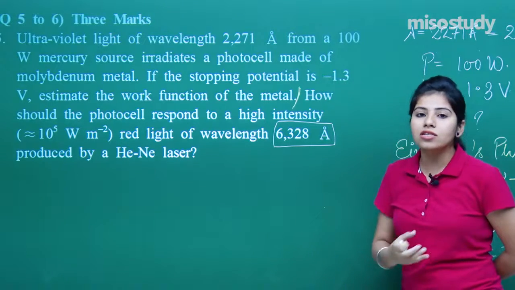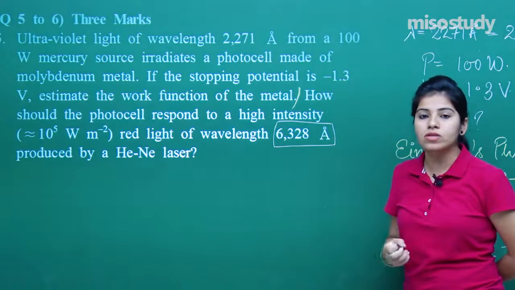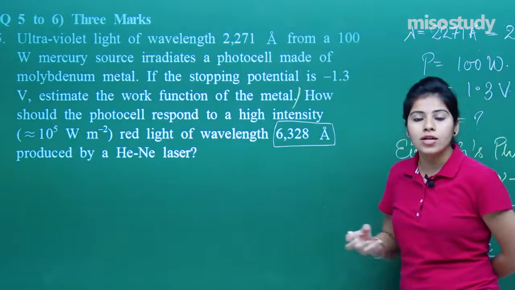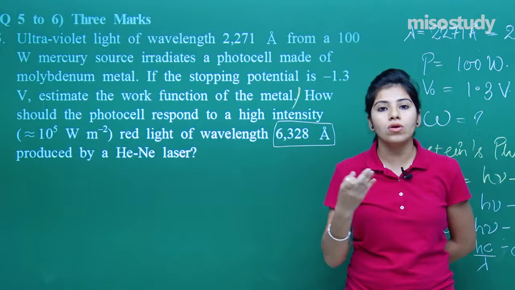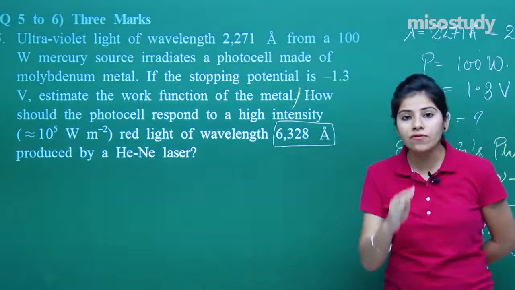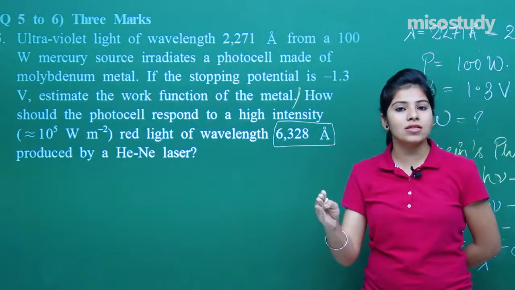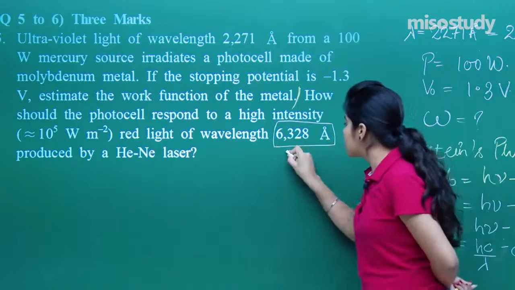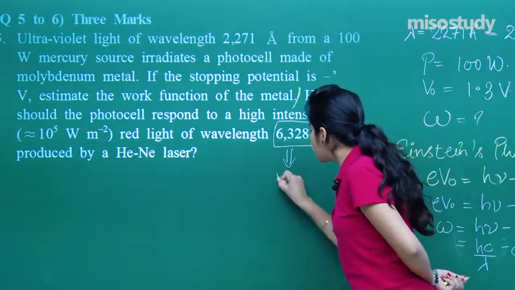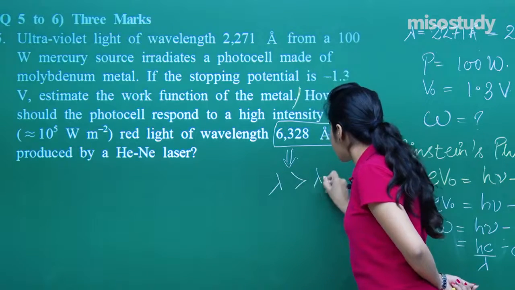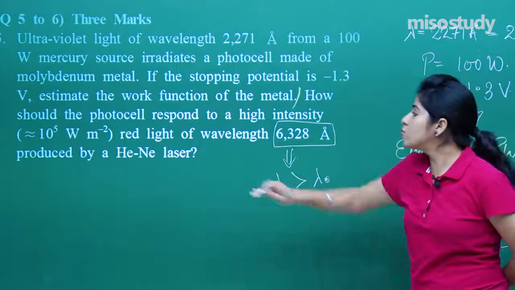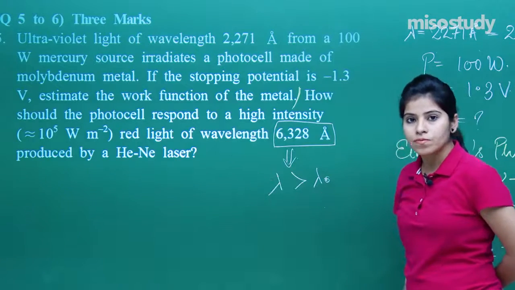To check this, we first have to find the threshold wavelength, because if the wavelength is greater than the threshold wavelength, there will be no emission. That means the photocell will not respond.